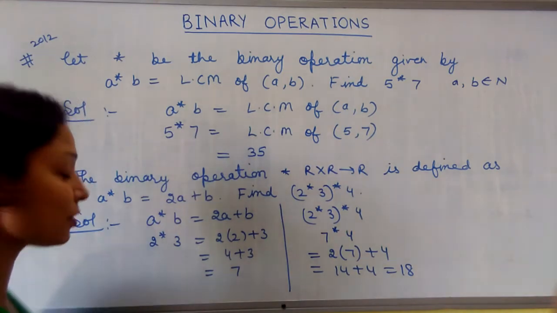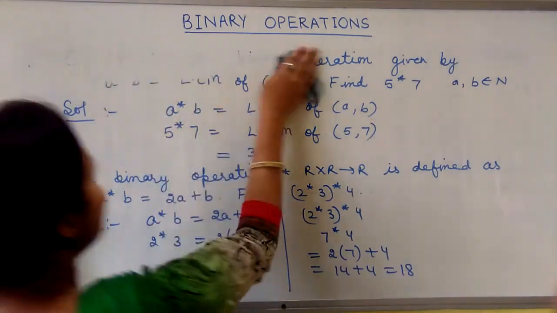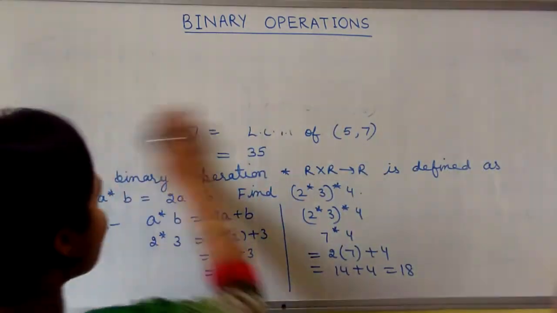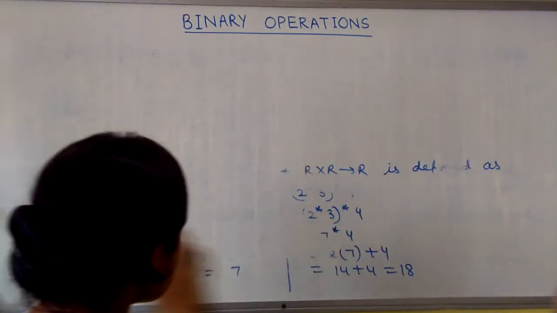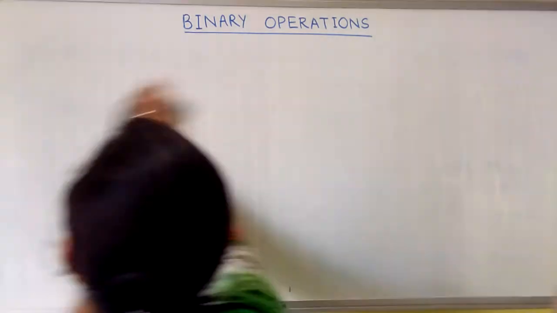Okay, now come to the question of associativity and commutativity. So let's do these questions. I will take the same kind of example for commutativity and associativity.